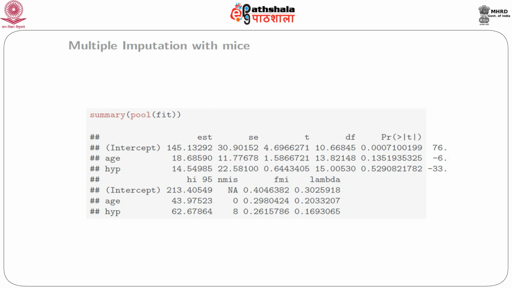Here note that while age was significant with a cutoff of 0.1 in the complete case analysis, age does not come out to be significant for the imputed data set, or for the results based on imputation. Also, the effect of age and the effect of hypertension vary from what we get in the complete case analysis, that is, by throwing away all cases where there are one or more missing observations.